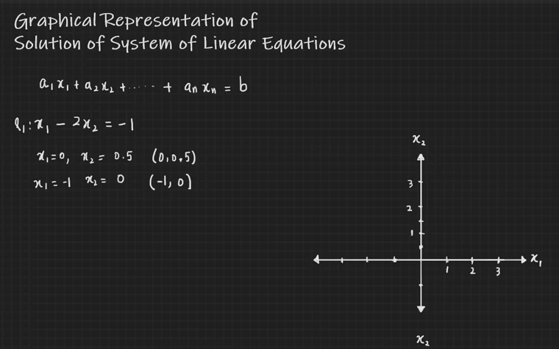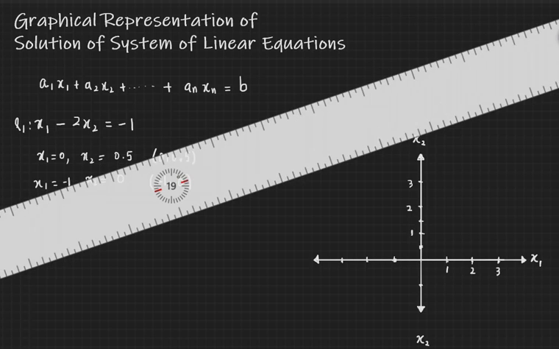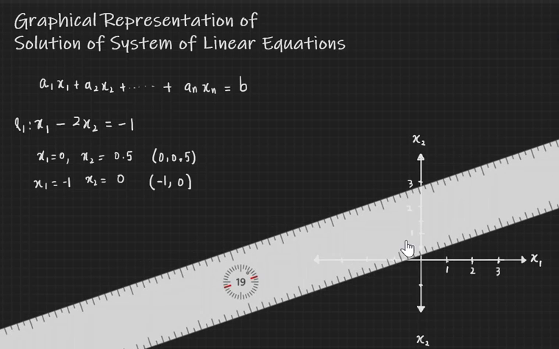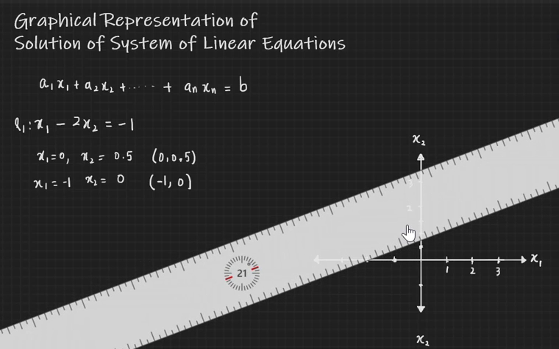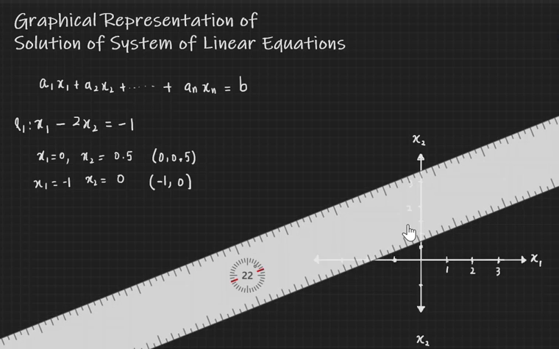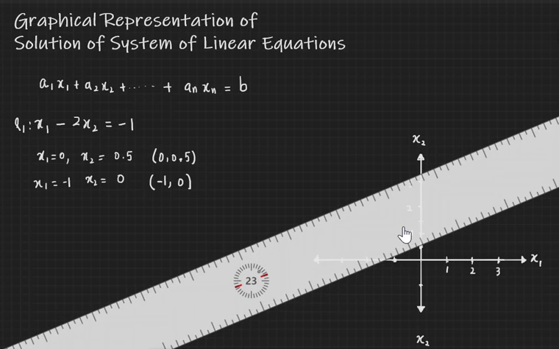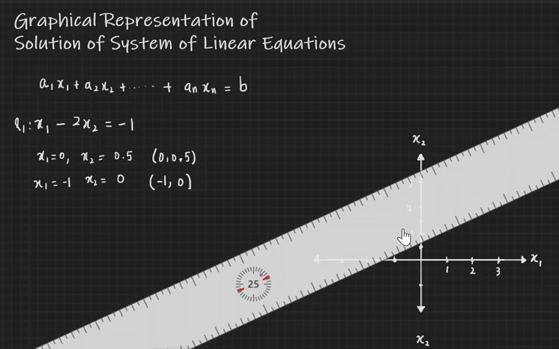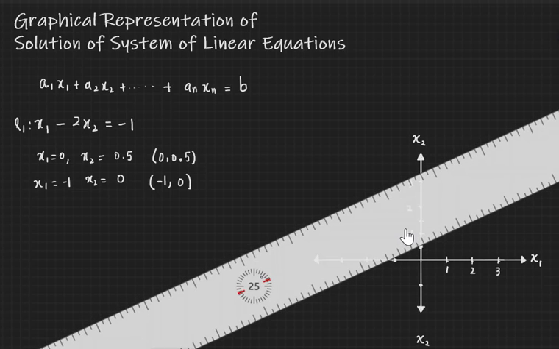So in order to get the straight line corresponding to this linear equation, what we have to do is join these two points together and then extend the line on both sides.